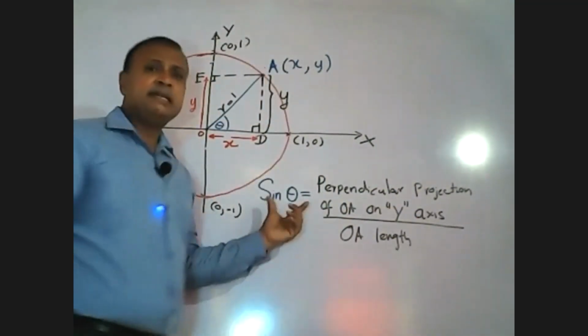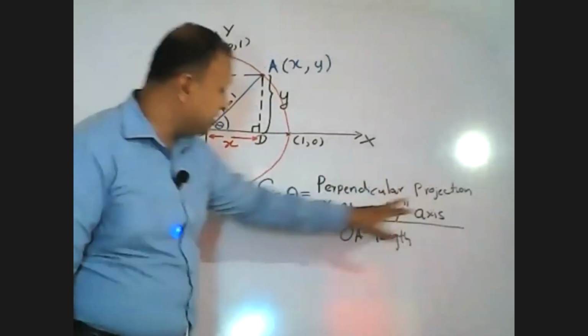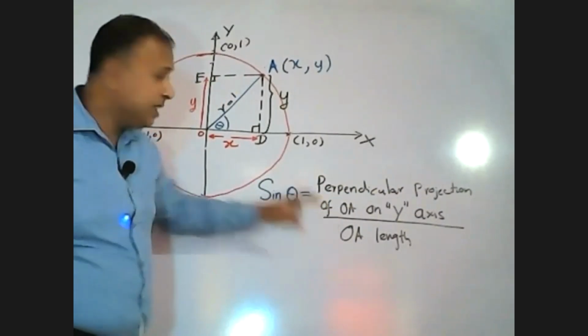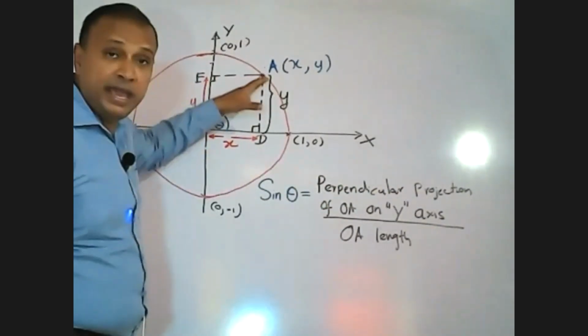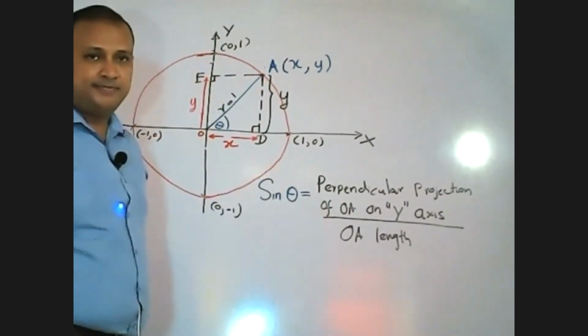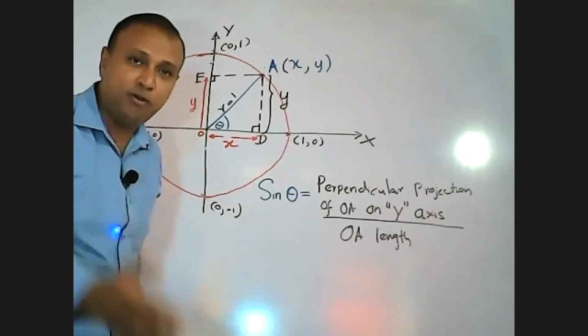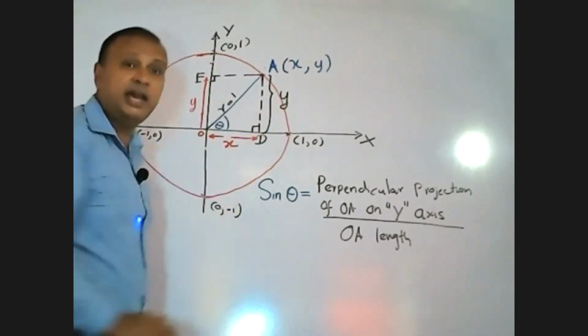Look at this. Sine theta is defined as the perpendicular projection of OA on the y-axis over OA length. Actually, we know sine theta is equal to opposite side over hypotenuse, no?